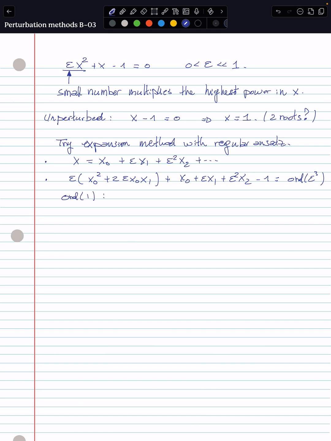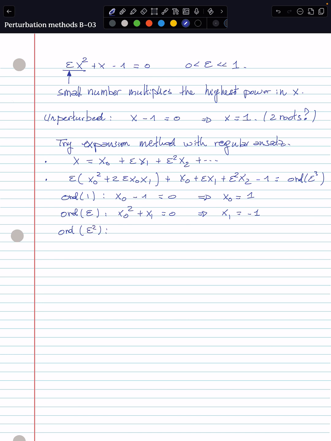So at leading order, we have x0 minus 1 is equal to 0. It should make sense to you now that this corresponds to the unperturbed problem. So it gives x0 is equal to 1. At the following order, we have x0 squared coming from the first term plus x1 is equal to 0, so it means x1 is equal to minus 1.